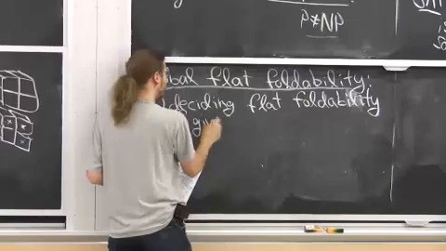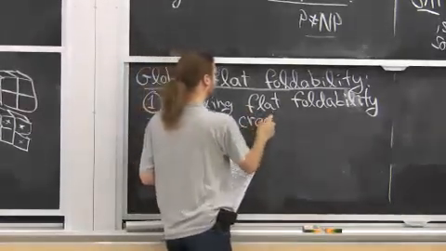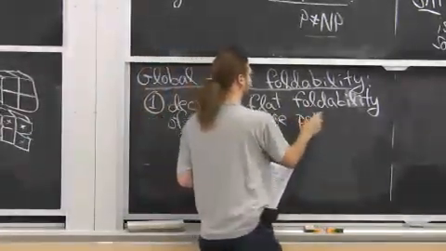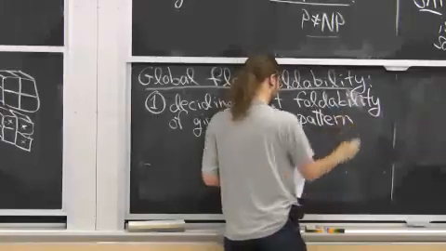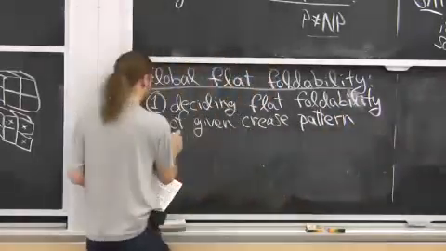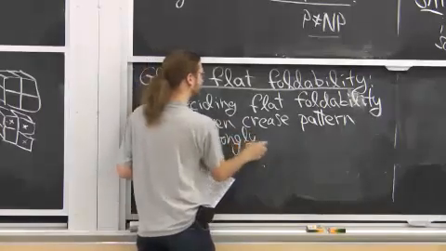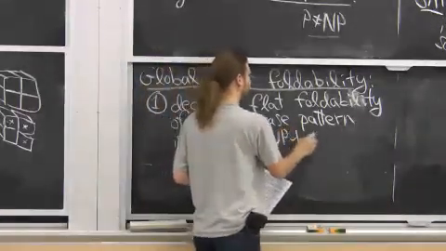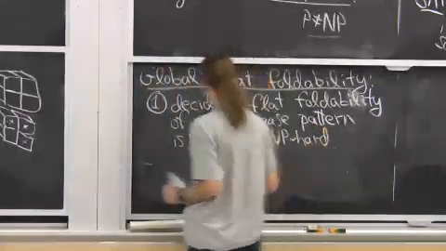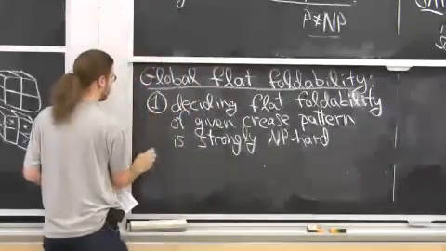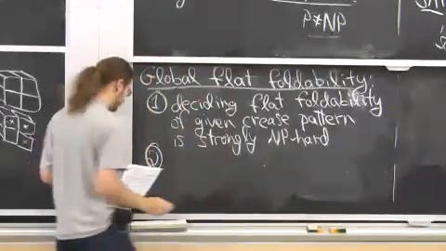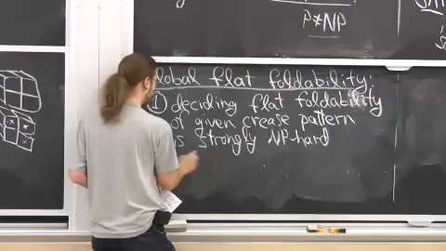So I give you a crease pattern. Just want to know, is it flat foldable in the global, in the regular sense? This is strongly NP-hard. Proof I just gave is actually weakly NP-hard. It's not known whether that problem is strongly or weakly hard, but at least weakly.